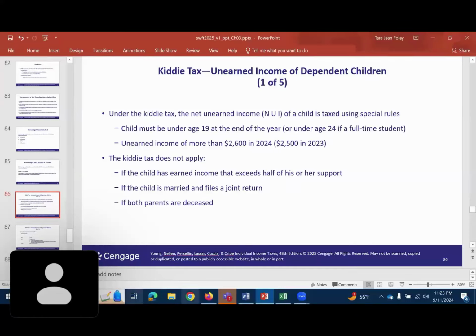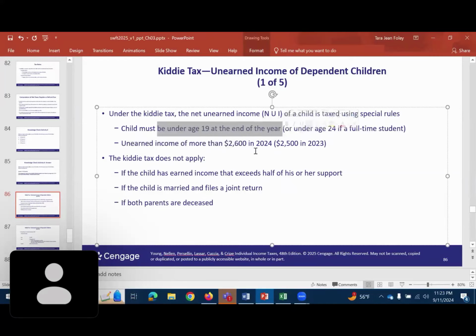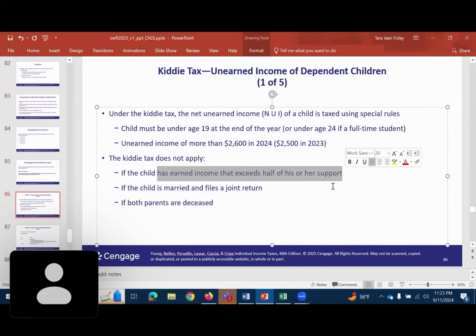So there's a calculation that has to happen if there's any unearned income of more than $2,600 for a child that's under 19. If it's under that, the kiddie tax does not apply. But if it's over 2,600, then there's a calculation you have to do. Now, the kiddie tax does not apply if the child has earned income that exceeds half of his or her support.